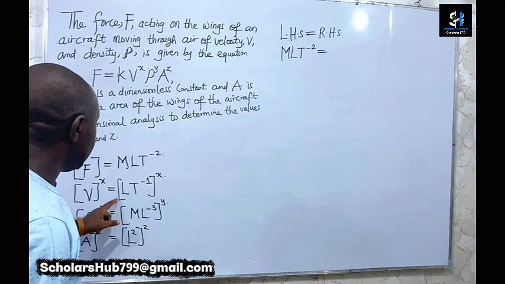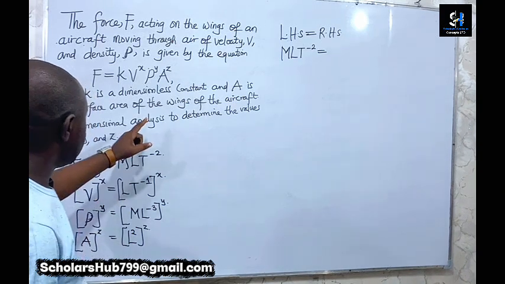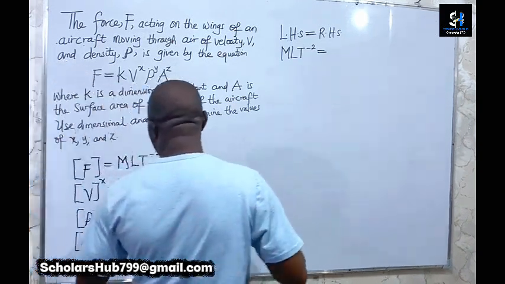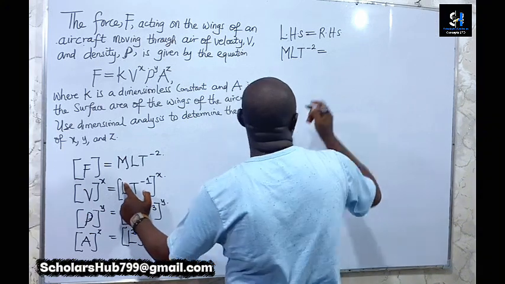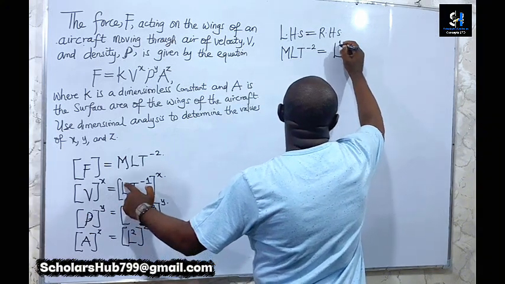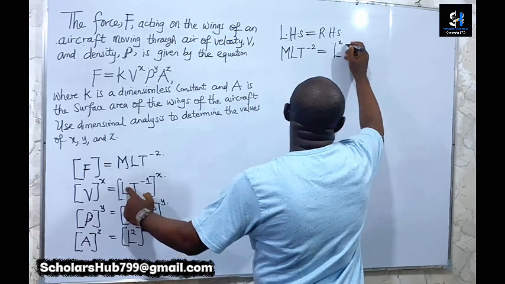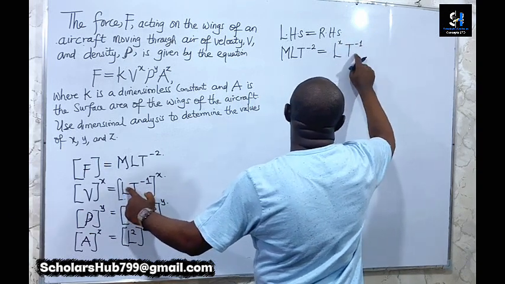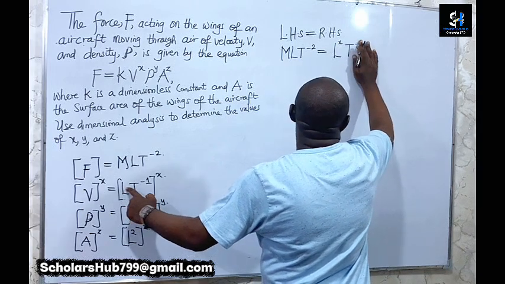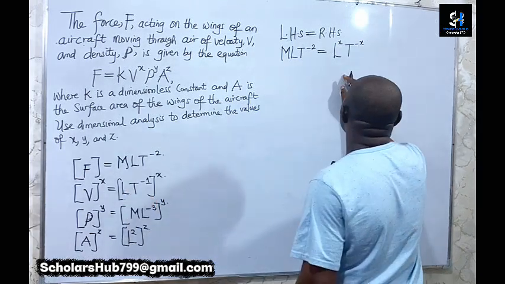On the right side we have v, density and area. For v, the power of L is 1, so this will be L^x, then T raised to the power of negative 1, so T^-x. That's for velocity.